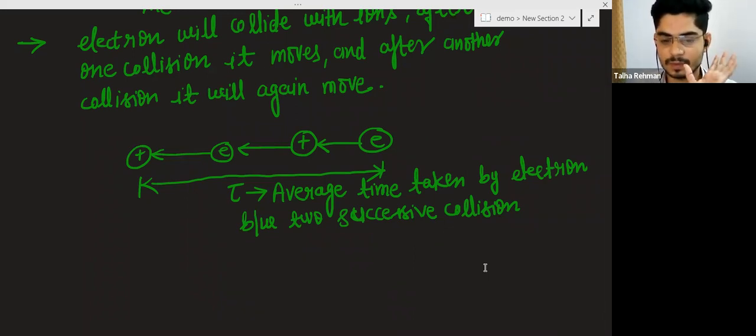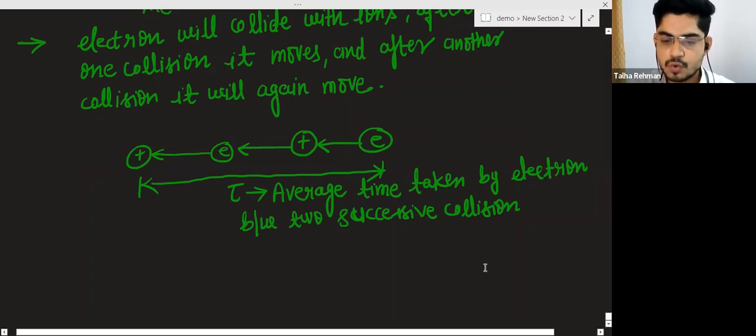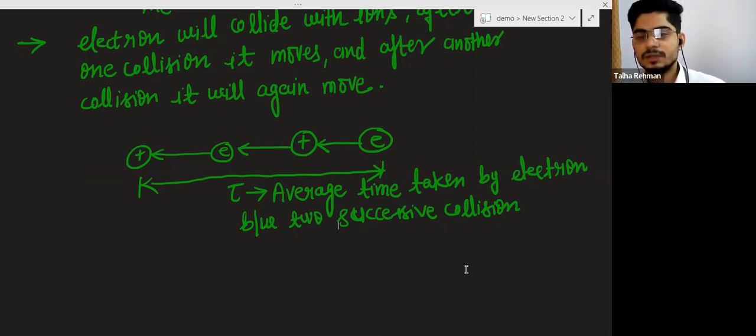Now after the two successive collisions, there is a change in the momentum of the electron.